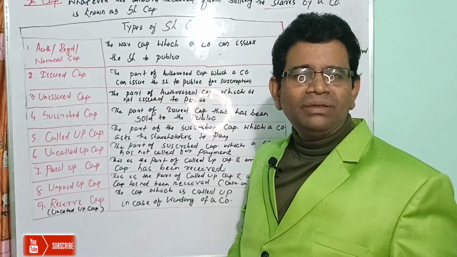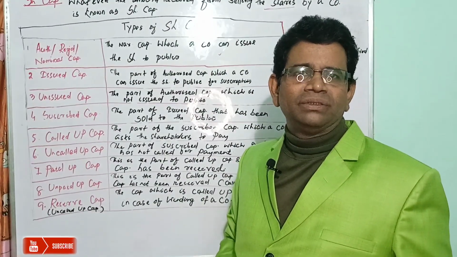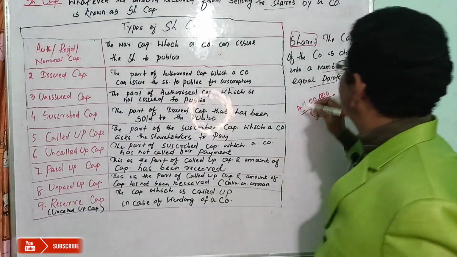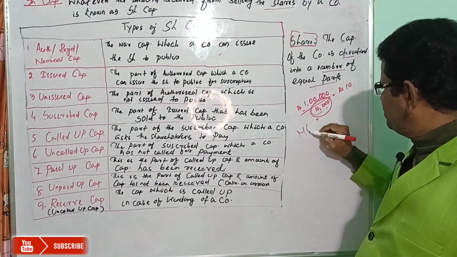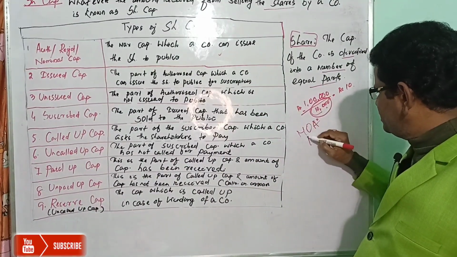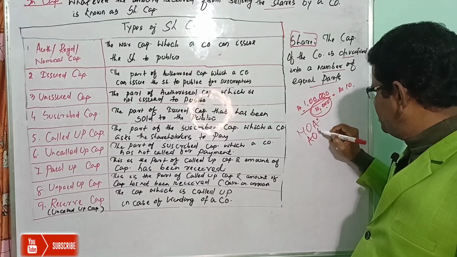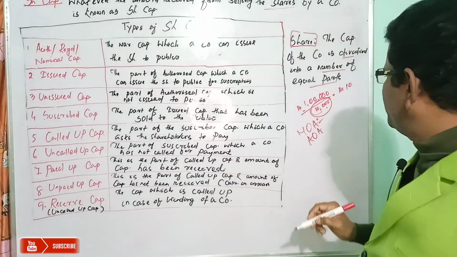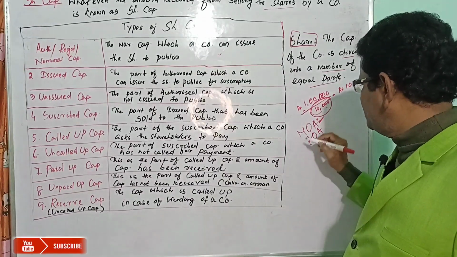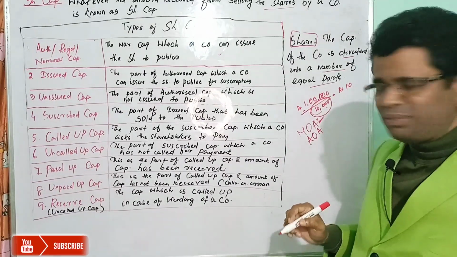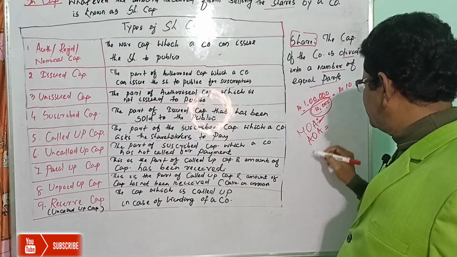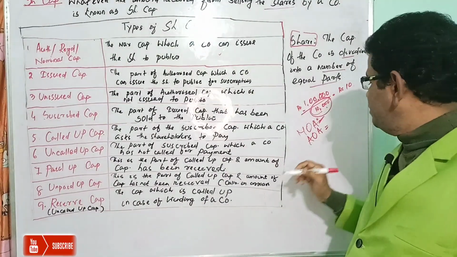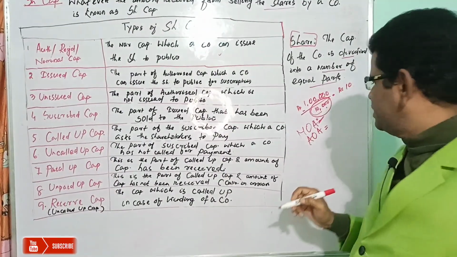We know there are two important documents of a company: the Memorandum of Association, which stands for MOA, and the Articles of Association, which stands for AOA.